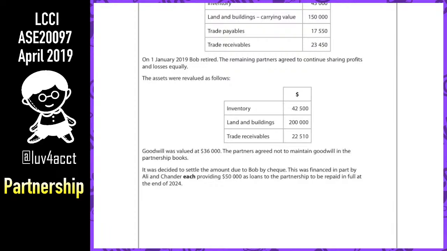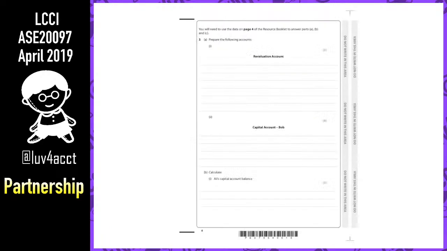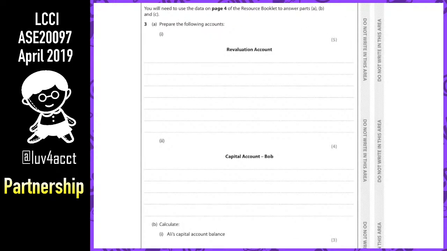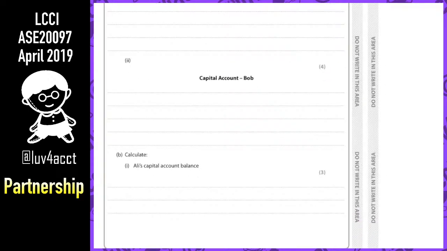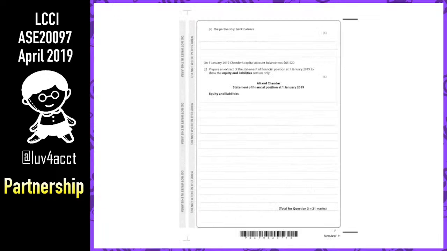That is a long-term non-current liability. So what we have to do: revaluation account, capital of Bob, the final settlement, Ali's capital account balance, the partnership bank balance, and then the statement of financial position, only the equity and liabilities section.